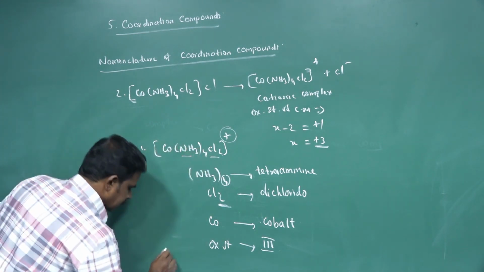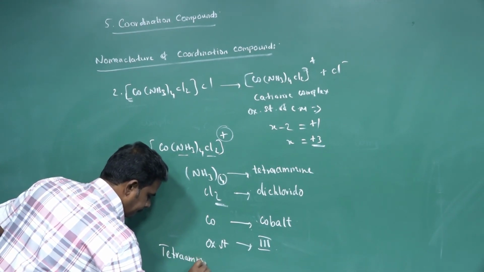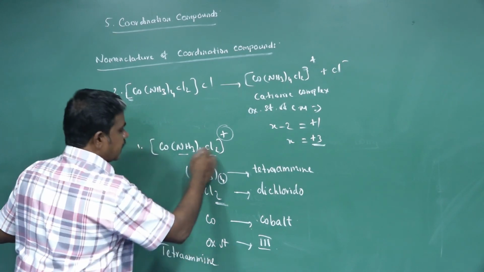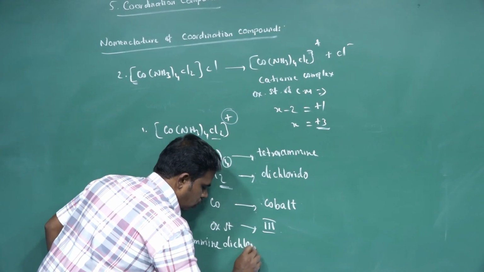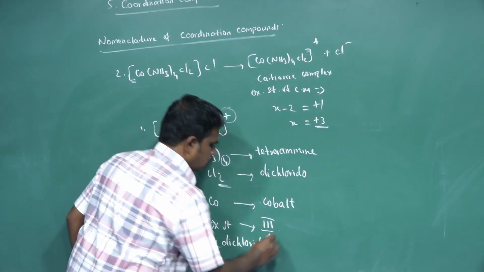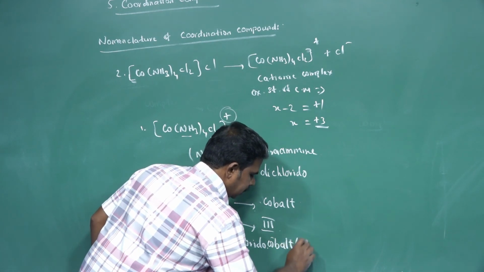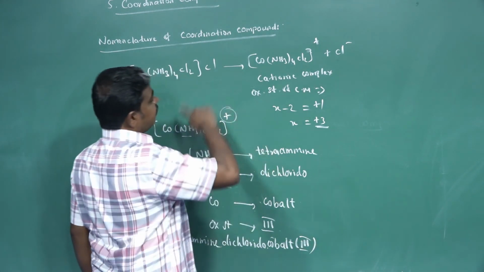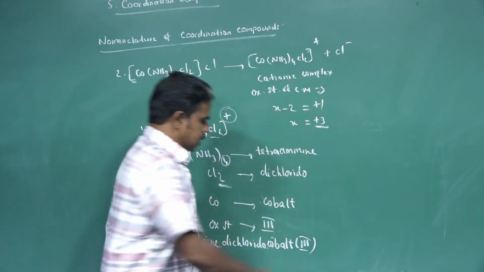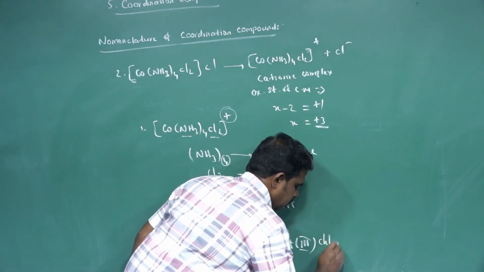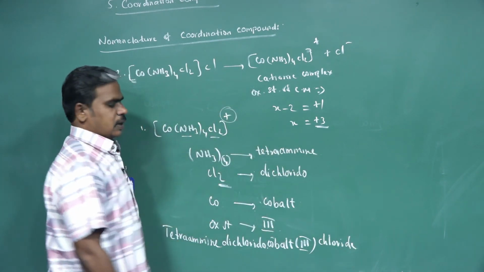So here tetraamminedichloridocobalt(III), and after that the anion. The anion is chloride. So it is the name of the complex.